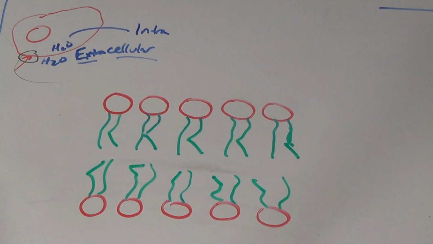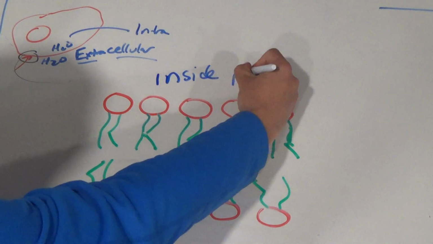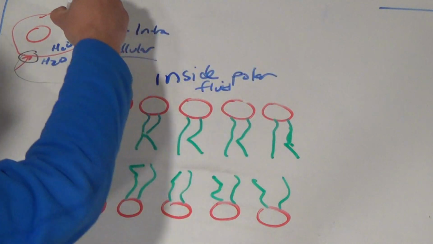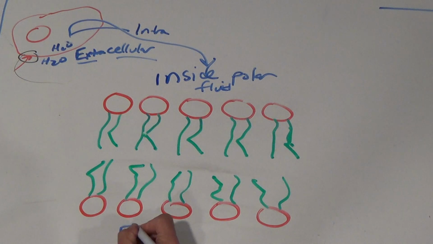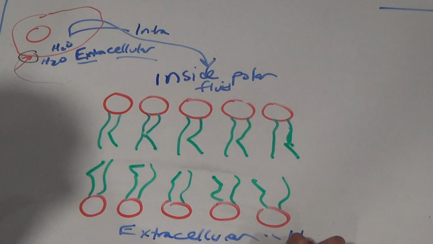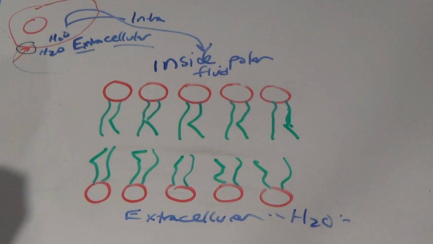Okay. So now, here's the inside with polar water. Here's the extracellular. Now, you have a phospholipid bilayer.